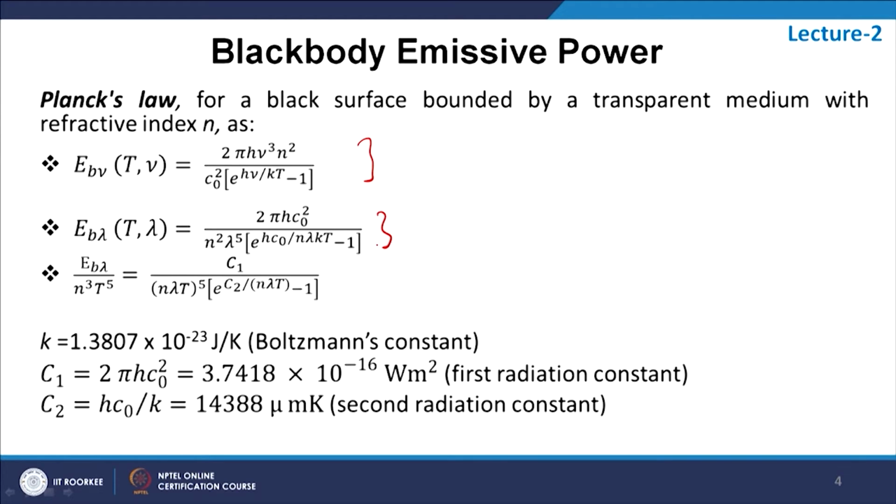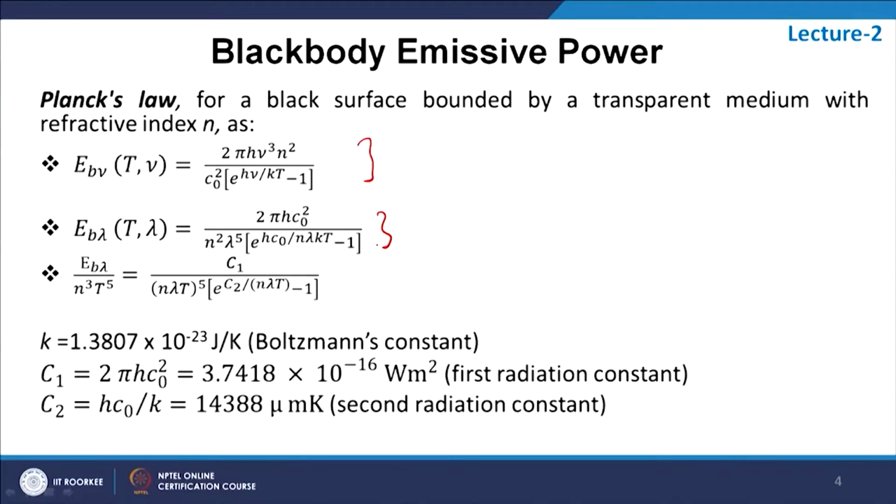It depends on a number of parameters. What Max Planck did was apply the concepts of statistical mechanics and quantum mechanics, and he came up with this mathematical relation based on the principles of quanta, that the energy levels undergo transition at selective wavelengths and in quantized states.